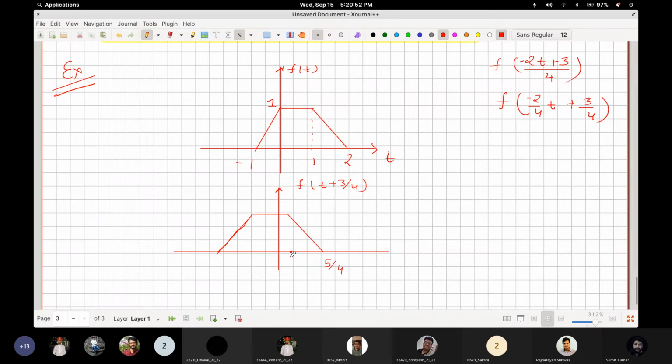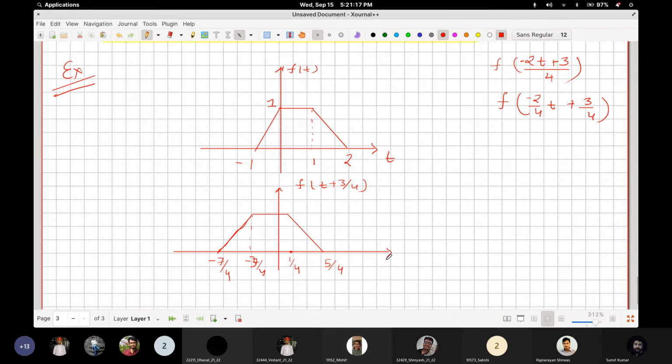This point will be here 1/4, and what this point is going to be, minus 1 minus 3/4, तो ये क्या हो जाएगा? Minus 7/4. Sorry, 0 हुआ ना, 0. So 0, this will be minus 3/4, and this is going to be minus 7 by 4. Is this clear?